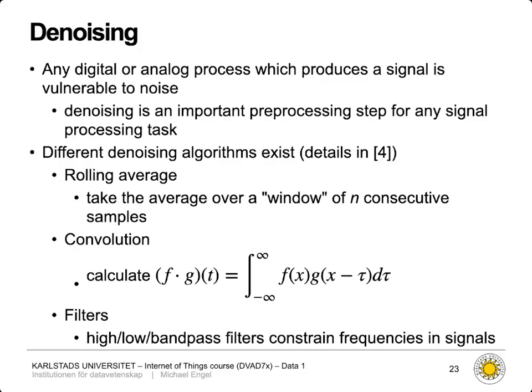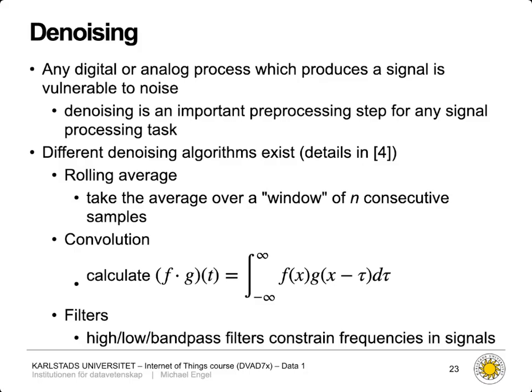This, what we call the sliding window of n consecutive signals, is very easy to implement because you just have to add up these values from the last n samples in your array and then divide them by n. And this is your new signal for the current sample. And then you go to the next sample, take the previous 10 samples again, and so on and so forth.